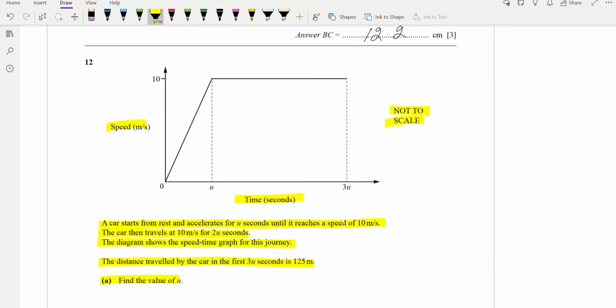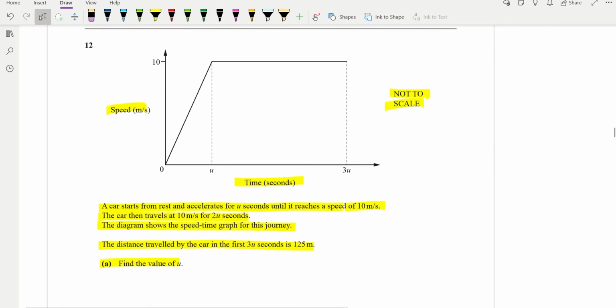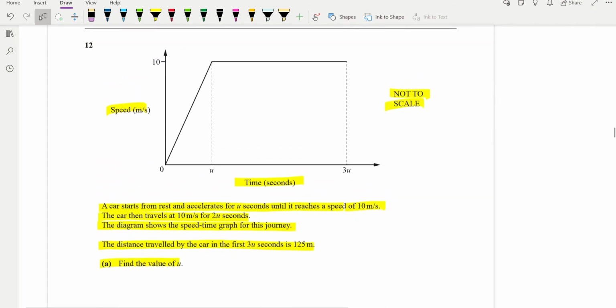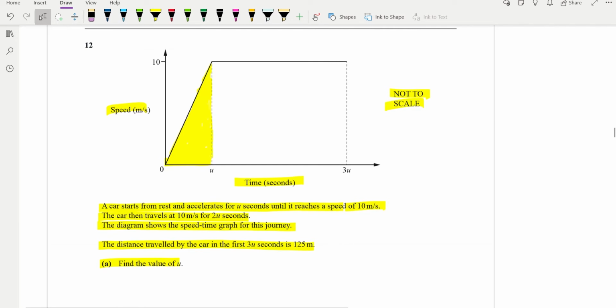So we have to find the value of u. To find the value of u, we can find the area under the graph. We can consider this triangle, and in this triangle, see, this side is u, so half into u into 10.